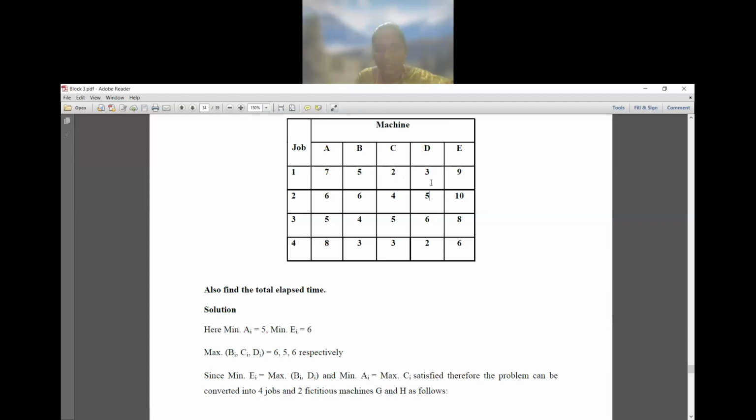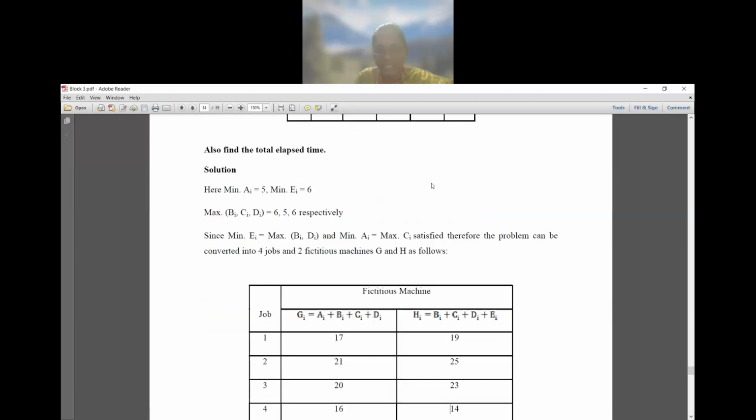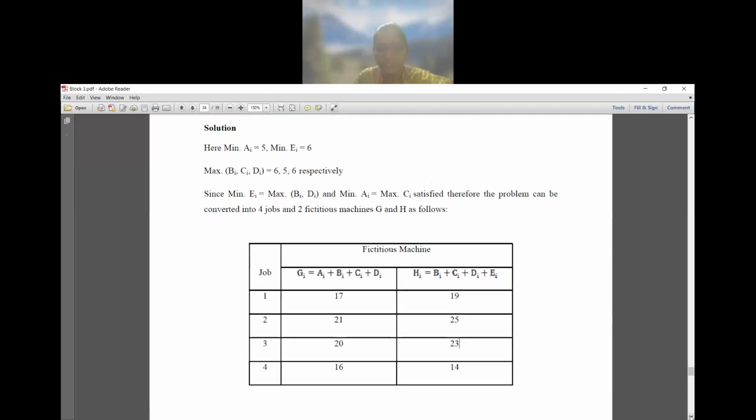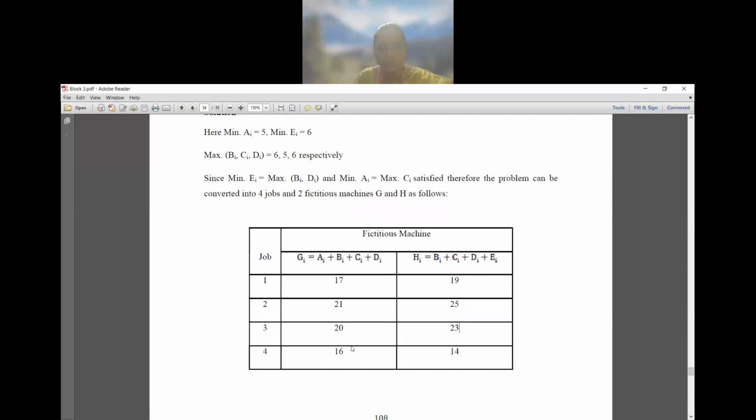It is 17. And for the second job, G is 21. For job 3, G value is 20. For job 4, G value is 16.